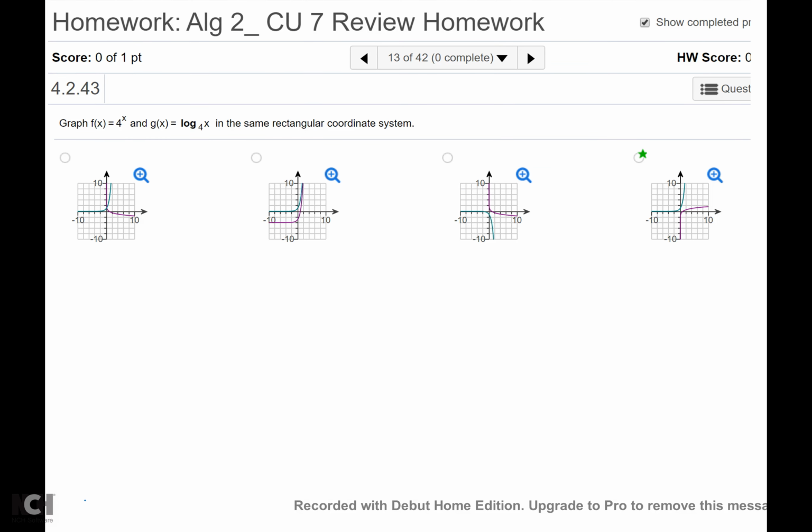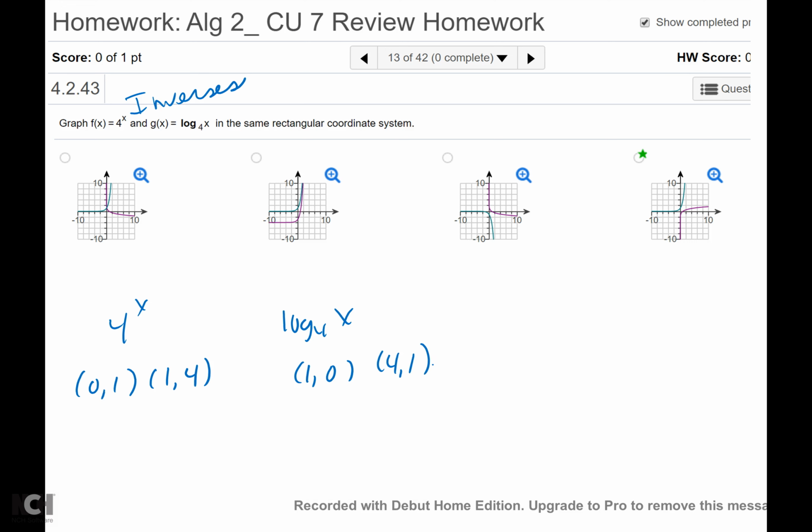Okay, it says graph 4 to the x and log base 4 of x. These are inverses. I can do it mathematically. 4 to the x is going to pass through 0, 1, and 1, 4. So log base 4 of x is going to pass through 1, 0, and 4, 1.